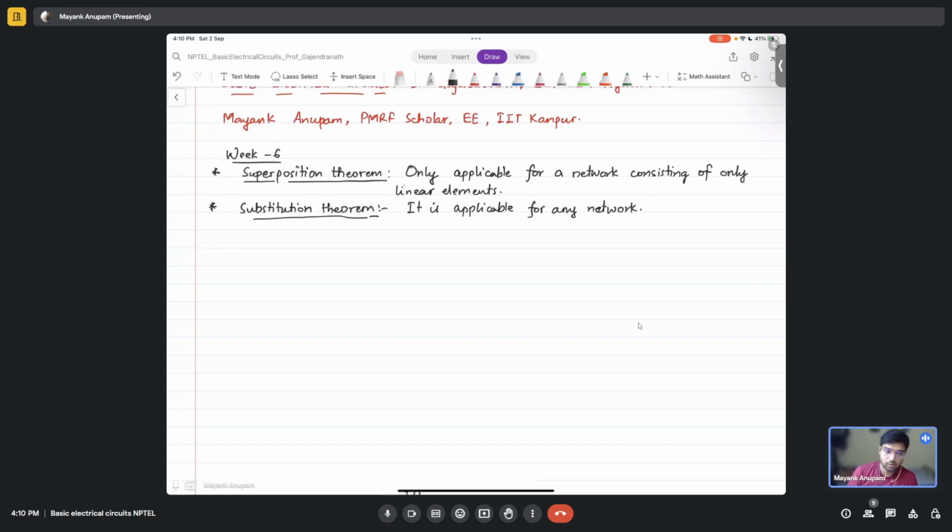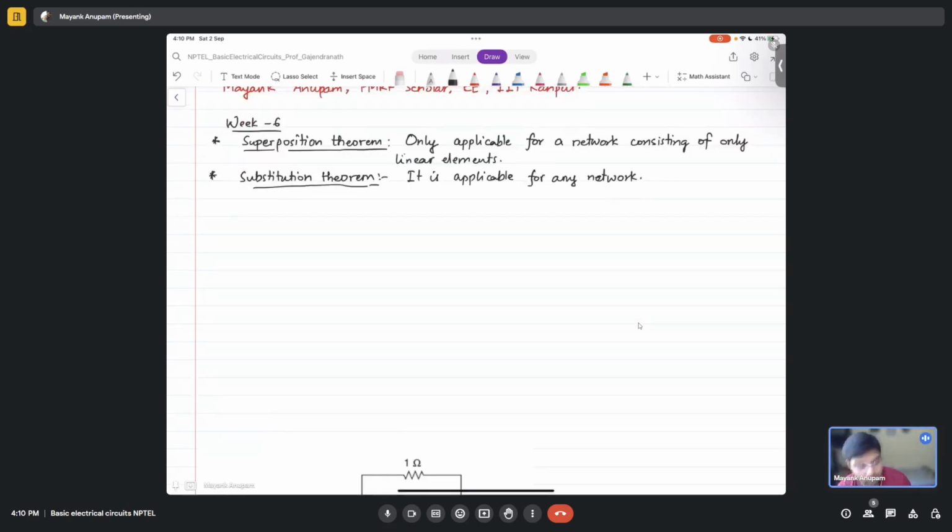The network can be linear, it can be non-linear, it can be time variant, it can be time invariant, it can be anything. It doesn't matter. The substitution theorem is valid in all those cases.